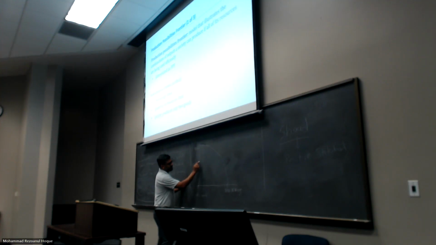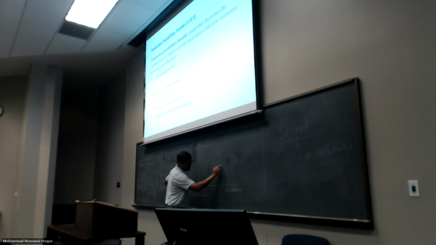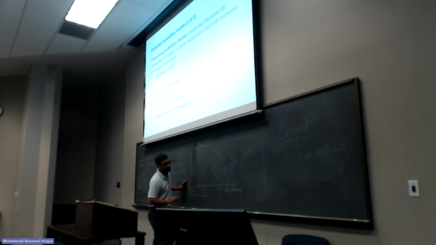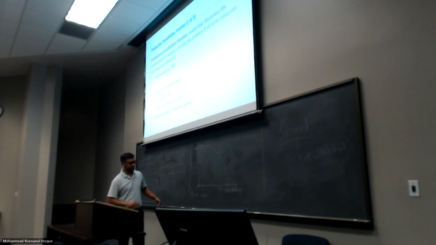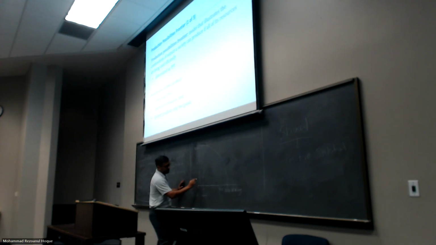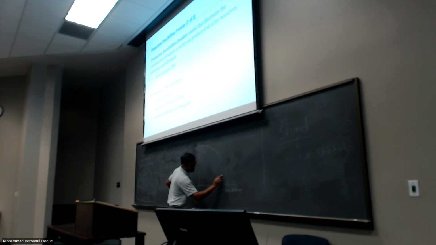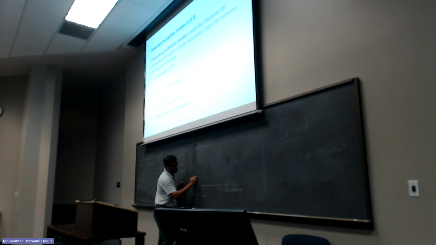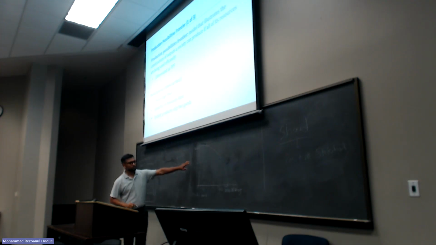Let's say this is 50. If he makes 50 pizzas, he can produce 200 wings. And let's say 290: if you want to produce 10 pizzas, you produce 290 wings.